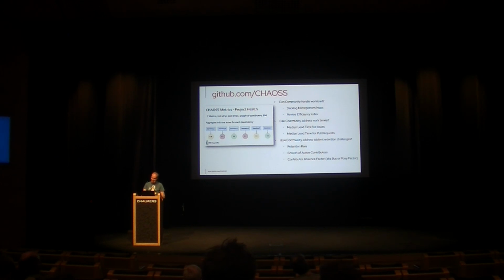For example, if we take just these 7 metrics that I'm showing on the slide, that include backlog management index, review efficiency, again, lead time for issues, median lead time for pull requests, which alone can basically show nothing, but if you combine them together, it would make sense to compile aggregate scores that you can then attach as labels to the dependencies that you are using, right?